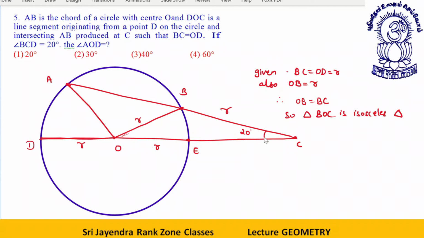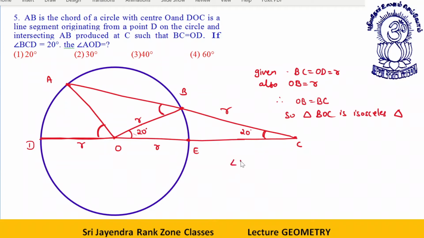When you have this triangle BOC isosceles triangle, what will happen, my dear students? This angle is 20 degree. This angle will also come out to be 20 degree. I hope so far everything is clear to everyone. You have got this angle 20 degree. You are being asked about angle AOD. Before moving ahead, what will be this angle?